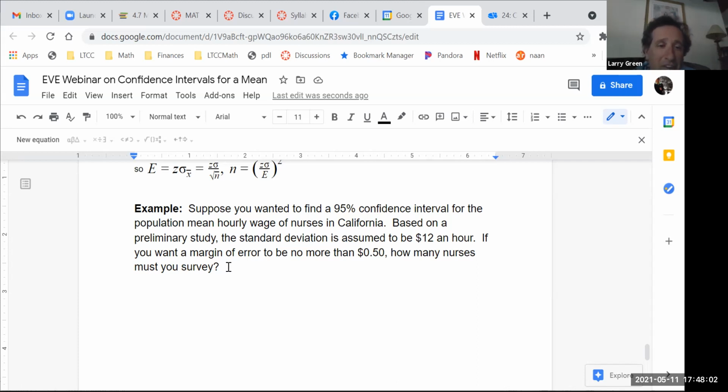If you want a margin of error to be no more than 50 cents, how many nurses must you survey? Any questions on the question? Okay, and the idea is it's going to be at least 31 because you need to be able to use the normal distribution. But if you want a small margin of error, you may need more than that. Any questions on that?